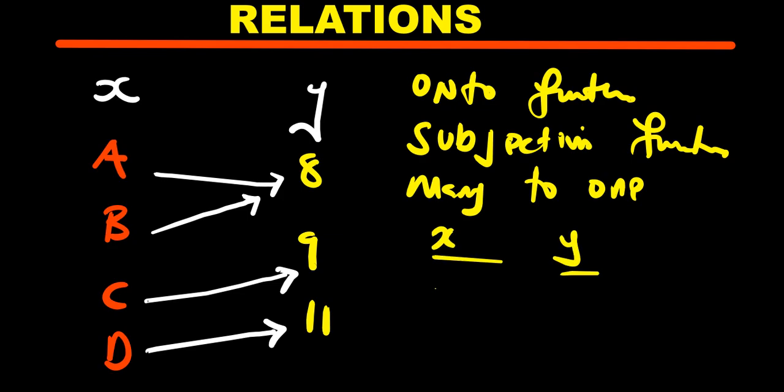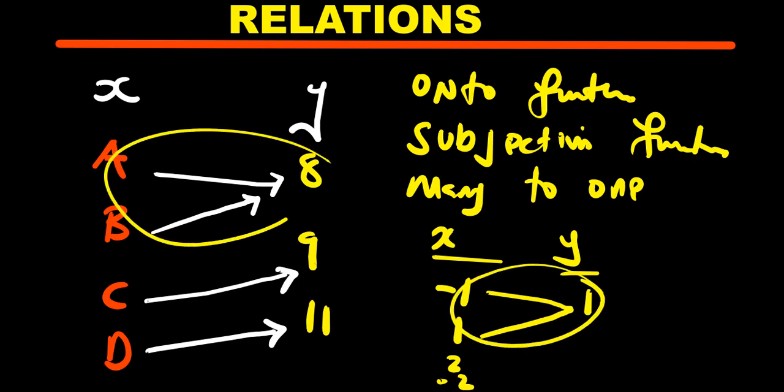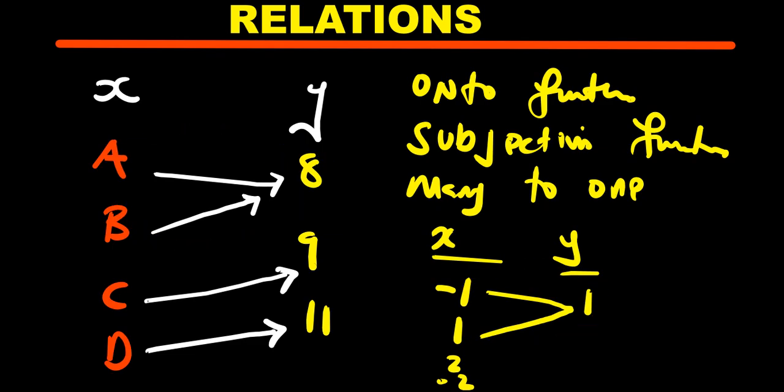You can have two x values, maybe let me say -1 and 1. Let me say 2 and -2. Okay, -1 squared, it will give you a 1. 1 squared will also give you a 1. So two x values or two input values are giving you one output value. That's the scenario that is here, like that. Okay, so it's called the many to one.